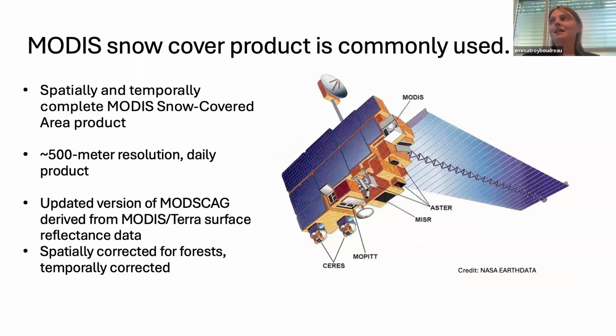We can use satellites. There's a long, rich history of using optical satellites to measure snow cover. And one of the most popular methods to do this is snow cover products from the MODIS remote sensing instrument. So today we'll look at this spatially and temporally complete MODIS snow covered area product.